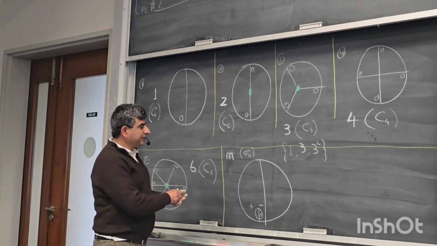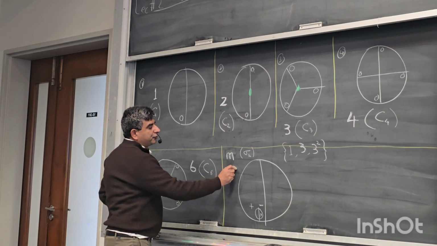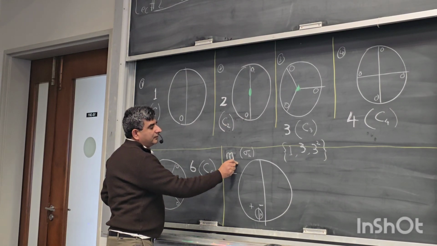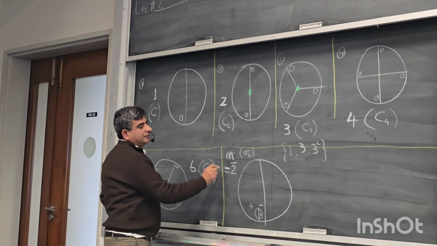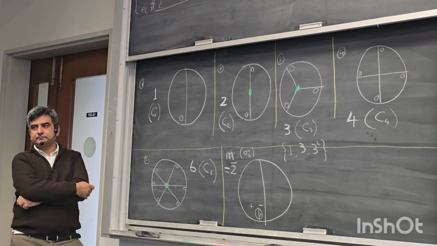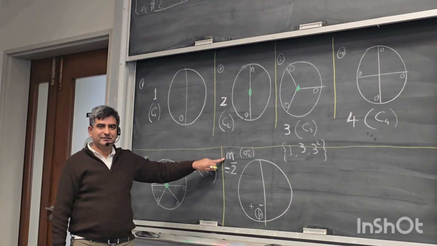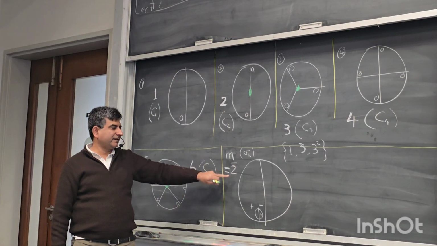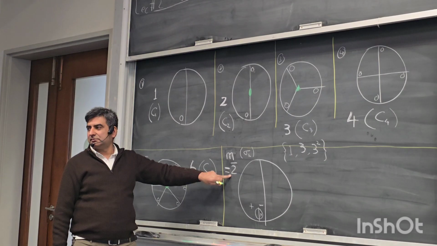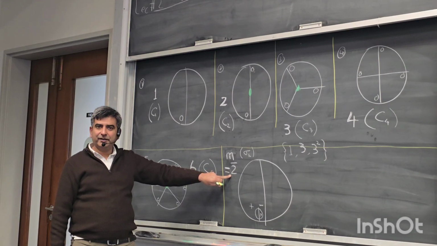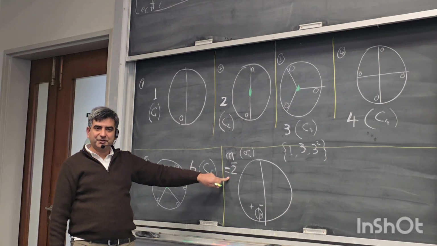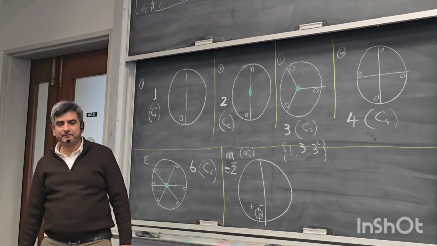So this M is really equal to 2 bar. Okay. So this point group M can also be represented as 2 bar. Alright. So middle operation equal to 2 bar.